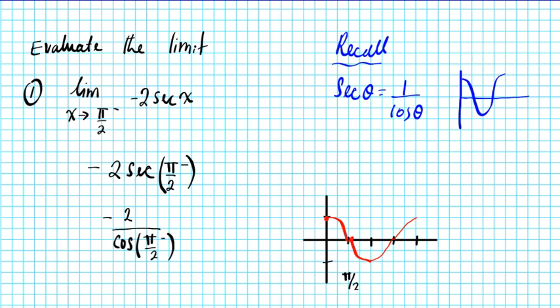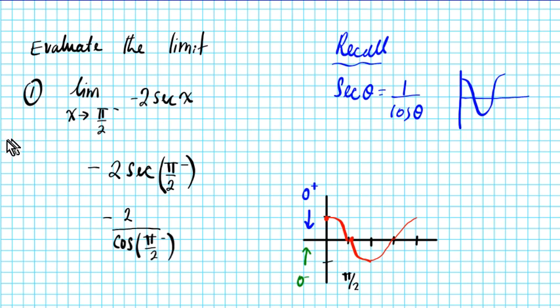Now remember, if you're descending towards a point on the x-axis, what you're doing is you're approaching 0 from the positive or top direction. If you're ascending towards the x-axis, what you're doing is you're approaching 0 from the negative direction or the bottom direction.